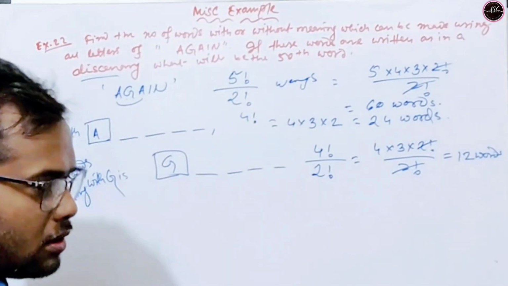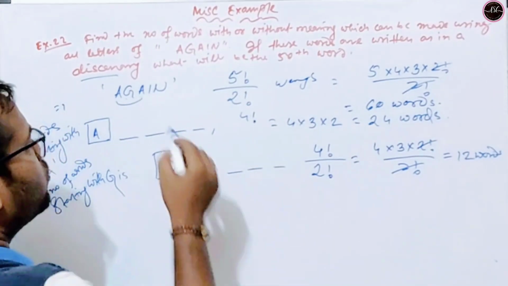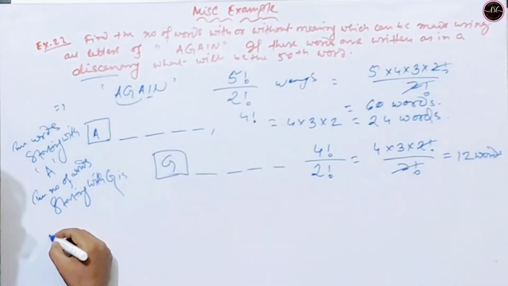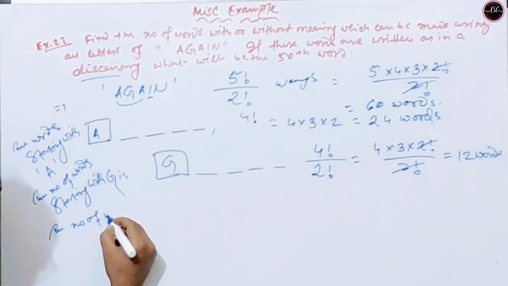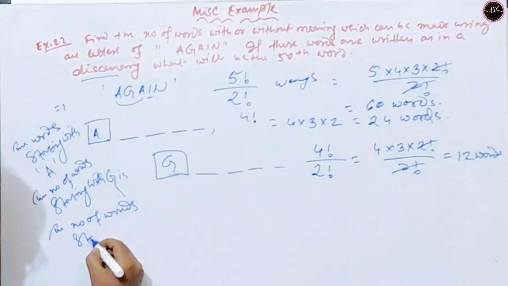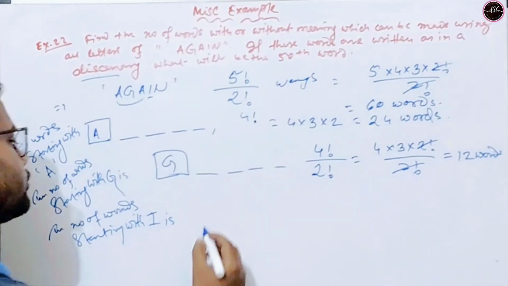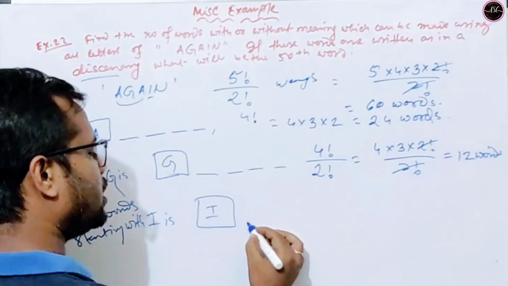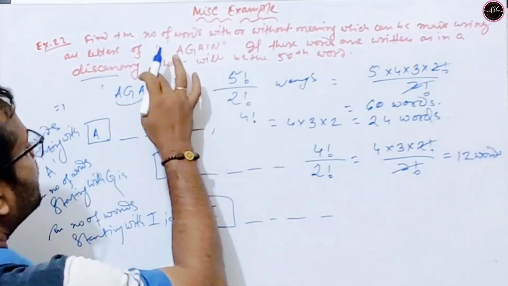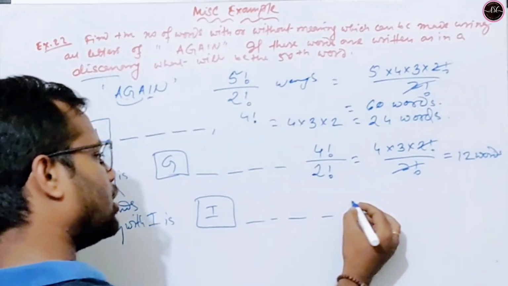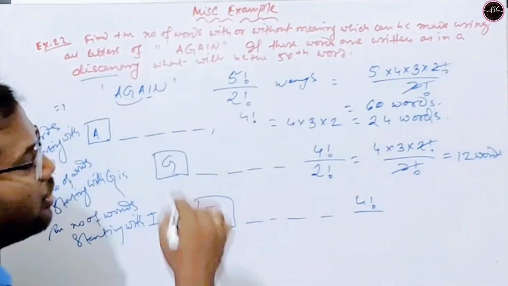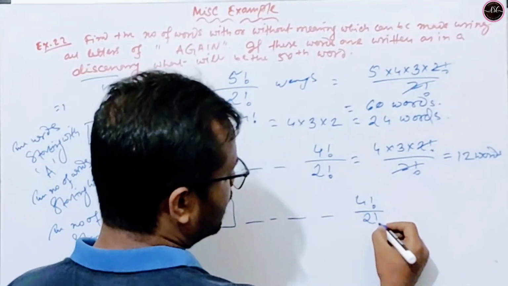Now there is GHI, so the next letter is I. So the number of words starting with I is, if we fix I here, there are 4 letters. So the number of words equals 4 factorial divided by, here A is also repeated, so just divided by 2 factorial.